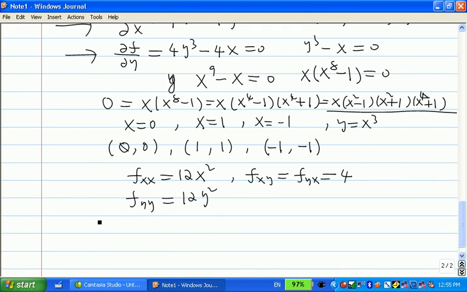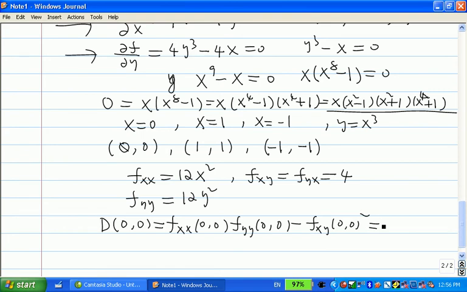Okay, now let's test those points one by one. First let's see D(0,0), which is fxx(0,0) times fyy(0,0) minus fxy(0,0) squared. Okay, fxx(0,0) is 0. fyy(0,0) is also 0.